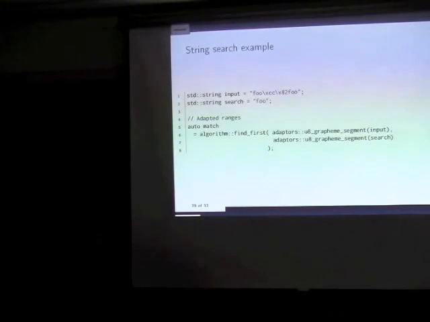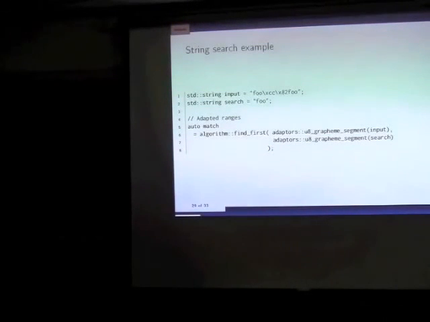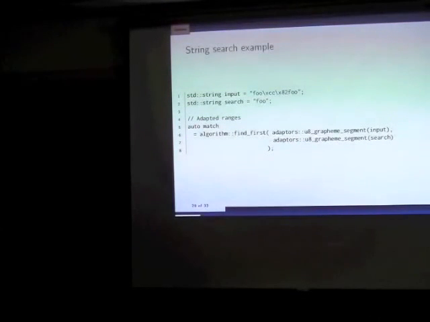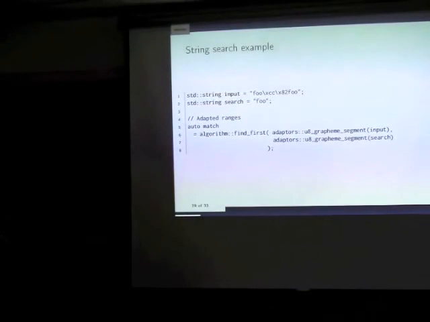So what you can do is use the find_first algorithm from Boost String Algo, which finds the first match for a particular search. So we will provide decoded... No, we don't even need decoded, just the segmented version. We adapt it into a range of ranges, with the sub-ranges each being a grapheme.